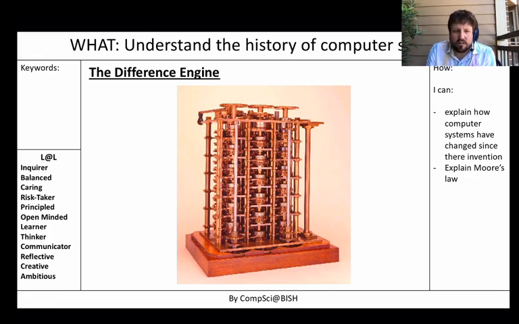What's interesting about this computer is, of course, it's not electrical. This is in fact a mechanical computer, but it was designed to do computation. It was designed to compute polynomial numbers. So Charles Babbage was one of the first people to design a computer and understand that you could use machines to do computation.